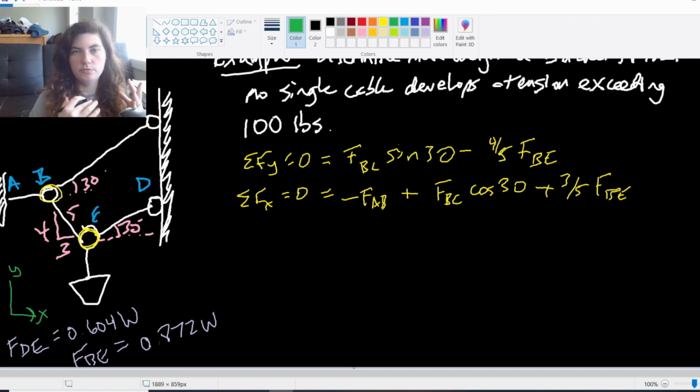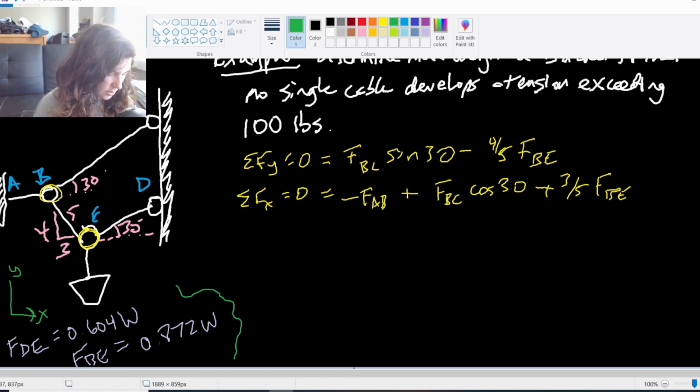But either way, we would have done the free body diagram at point B and found these equations. And so what we can do with these equations now is substitute in these two relationships that we found to get our relationships with W. So for example, I'll take the bottom one here, FBE equals 0.872 times W, and I'm going to substitute that into our top equation here.